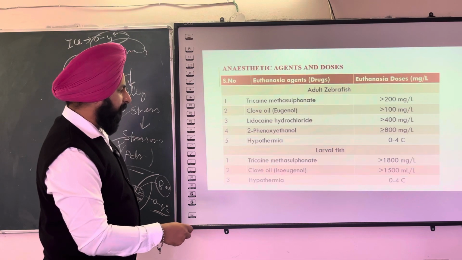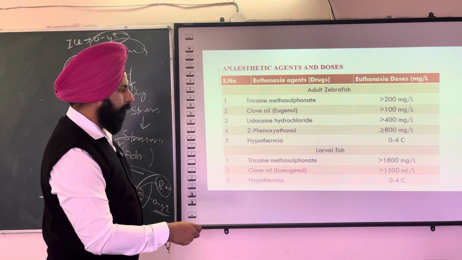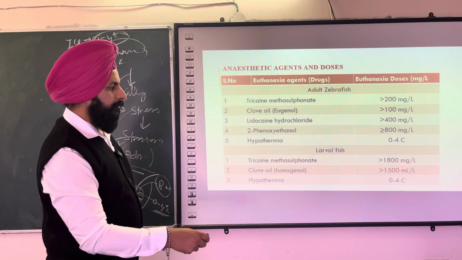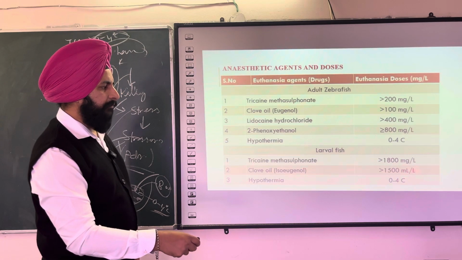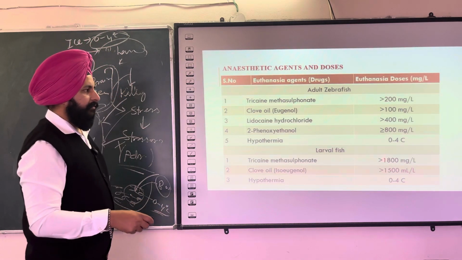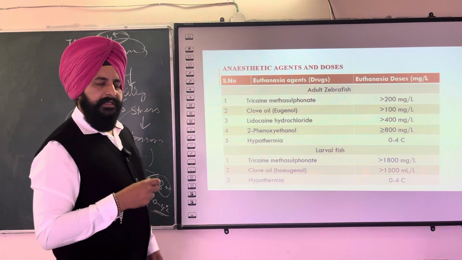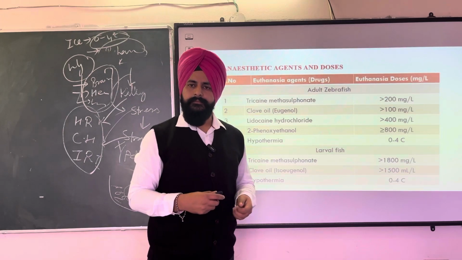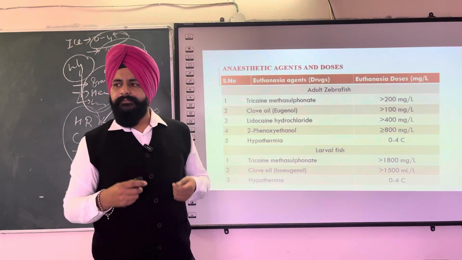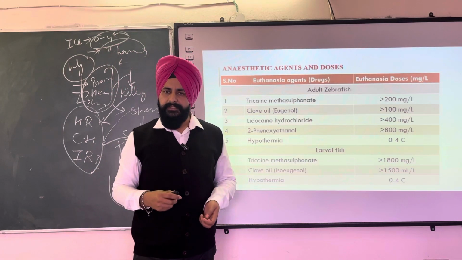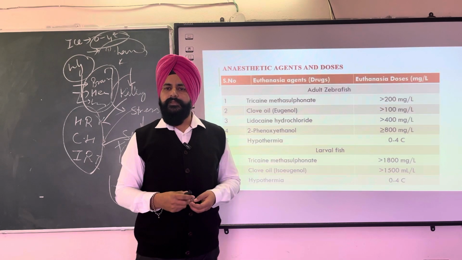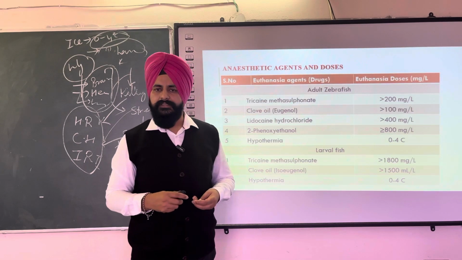Then clove oil, which contains eugenol and isoeugenol, at a dose of 1500 mg per liter. And hypothermia you can also do in small larvae. You will keep the water temperature at 0 to 4 degrees centigrade, put a larva there, and do your experiment.